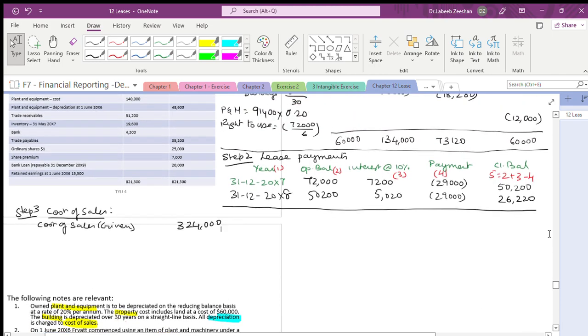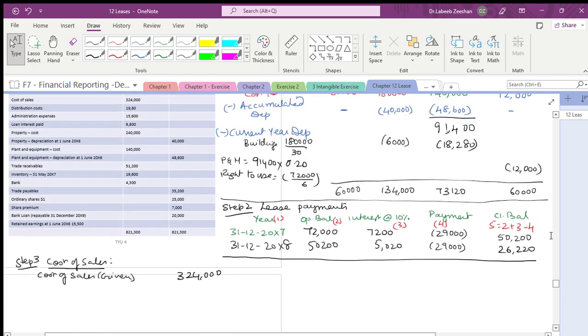Next. In cost of sales, what do we have to add? We have to add depreciation. Depreciation on where? Depreciation on buildings. How much? We calculated 6,000.